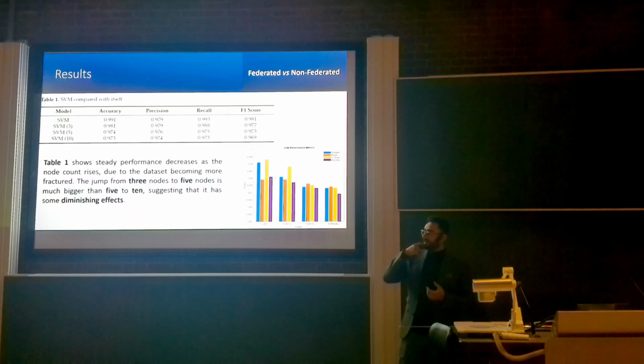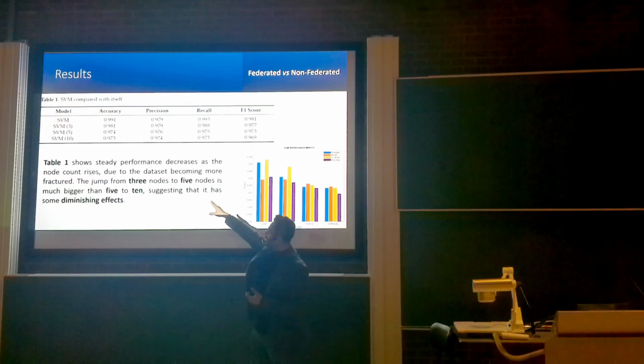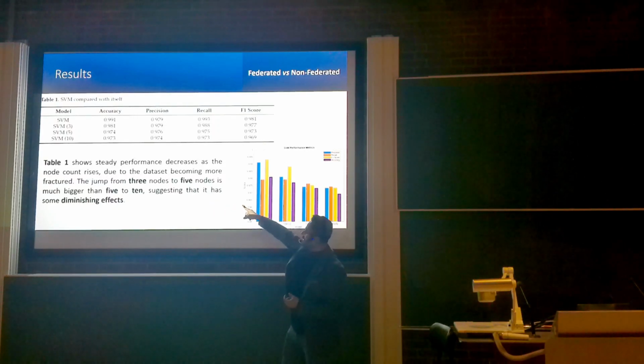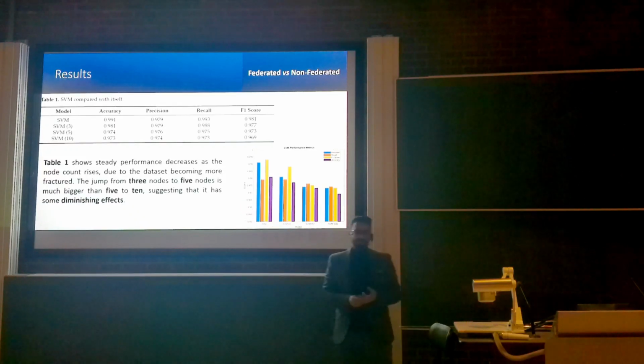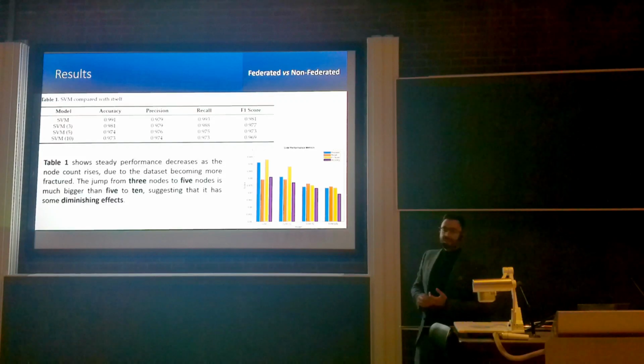So in that scenario here, with 3, 5 and 10, the accuracy between them is not huge. Like you can see, with SVM with a 10 node it is 97.3, but with a 3 node it is 98.